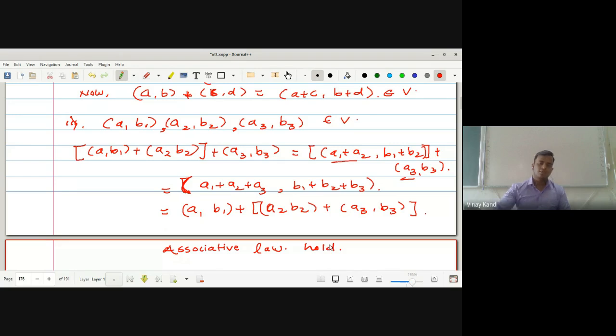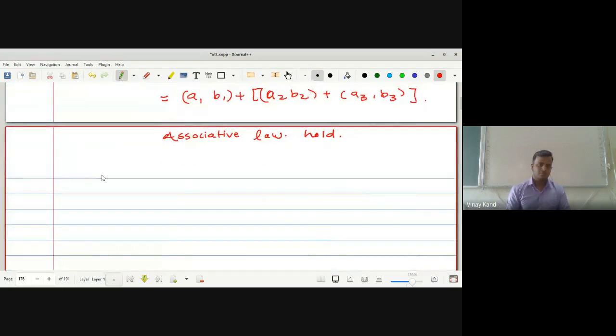Now the third one, identity property. What is the identity property? A plus E is equal to A. This is the identity property. Now take any element from the set V, suppose (A1, B1), the ordered tuple.